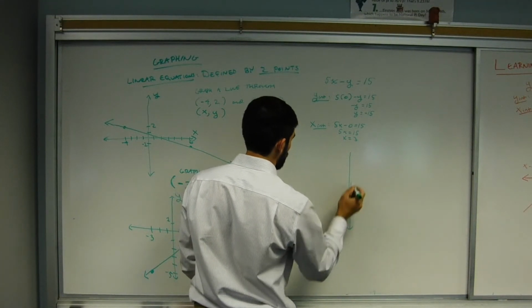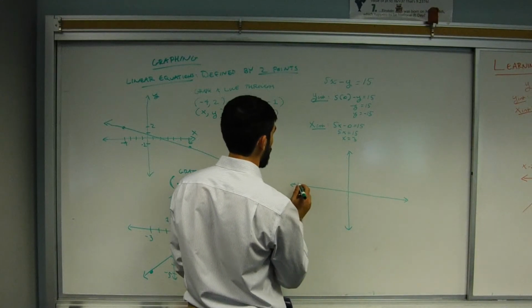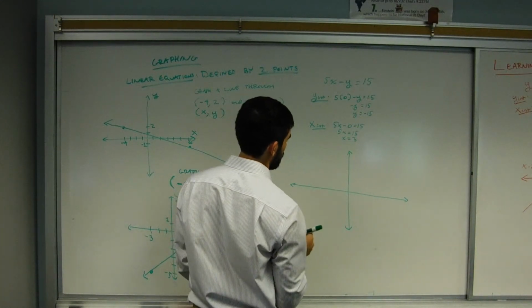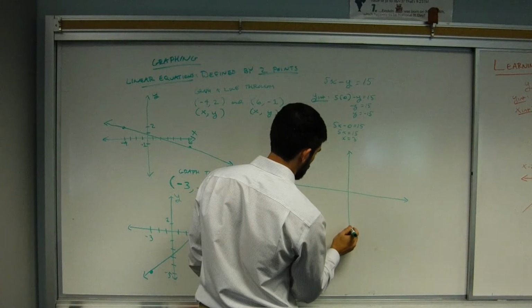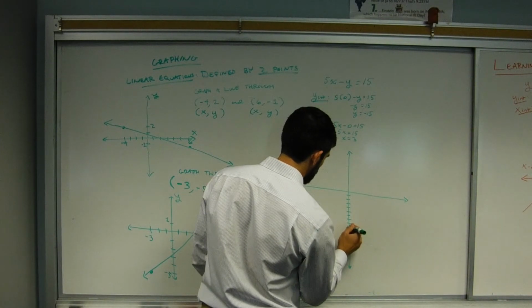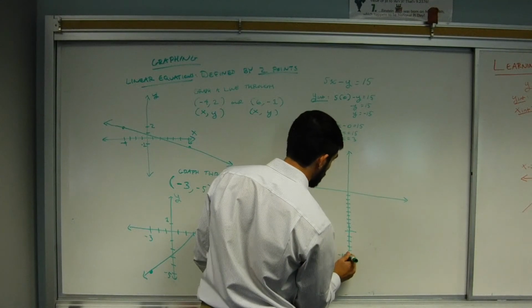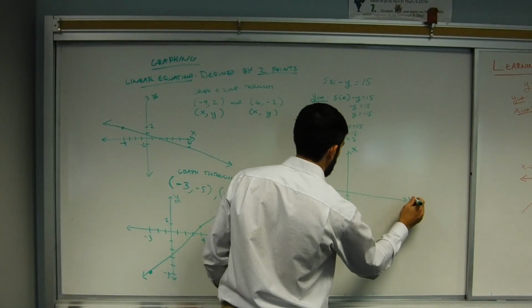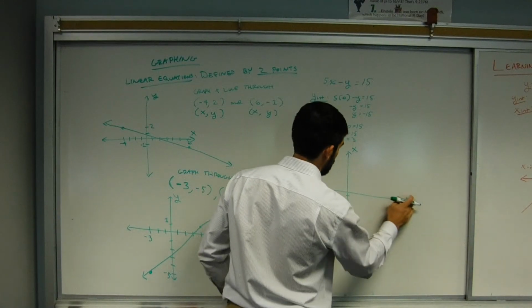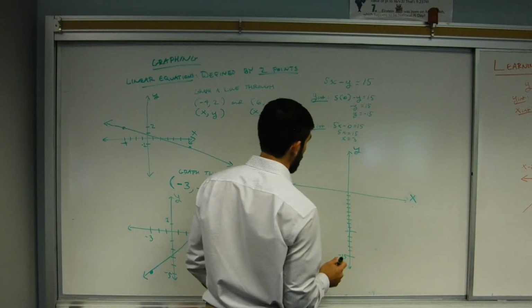So now if we graph this, we know that our y-intercept is equal to negative 15. So I'm going to have to count 1, 2, 3, 4, 5, 6, 7, 8, 9, 10, 11, 12, 13, 14, 15. Sorry, mixed those ones up.